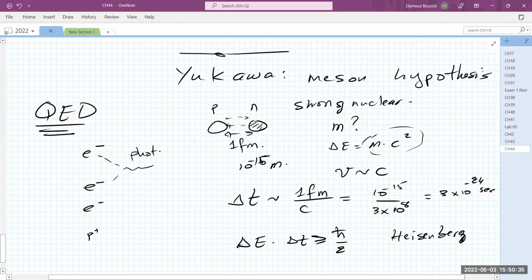So this must be a virtual particle, also called the meson, that has specific mass in this case. So the interaction in here between these particles is the exchange of that one. So it's trying to simulate what was going on in QED, which turned out to be a very powerful theory at that point, to describe the interactions of basically electricity on the quantum level. And that is the QED.